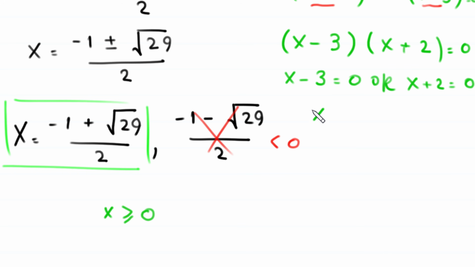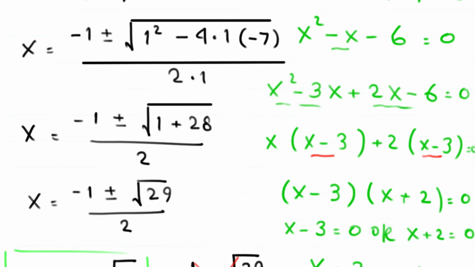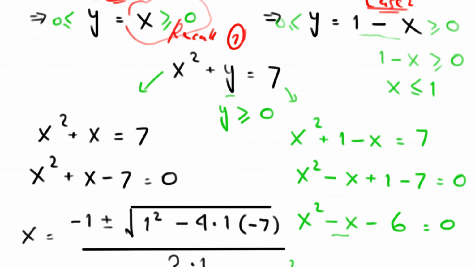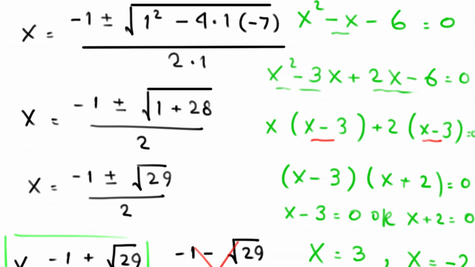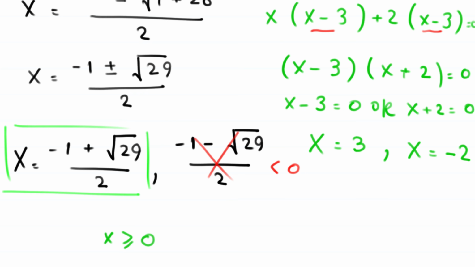From the first equation we get x is equal to 3, and from the second equation x is equal to negative 2. Now for this case the domain is x must be less than or equal to 1.